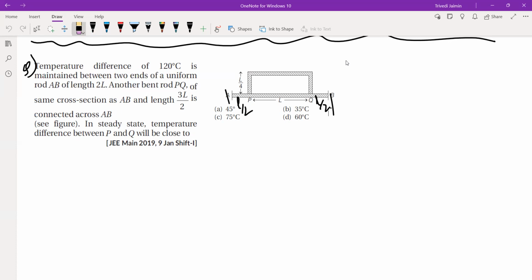This one. So this one we need to find the temperature. For that we need TP minus TQ. Let's go from the bottom. If we cannot go from the top, let's go from the answer. We need this TP minus TQ as some one of A, B, C, D.